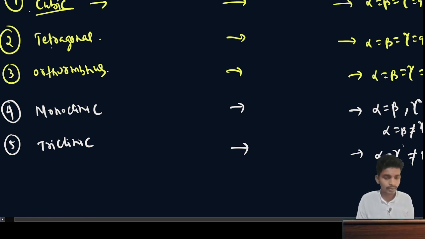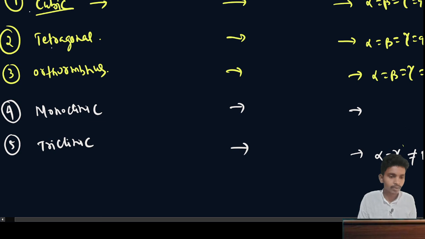Sorry, for monoclinic, what we see is alpha equal to gamma, not beta, and beta is not equal to 90 degree. Alpha equal to gamma, but not equal to beta.